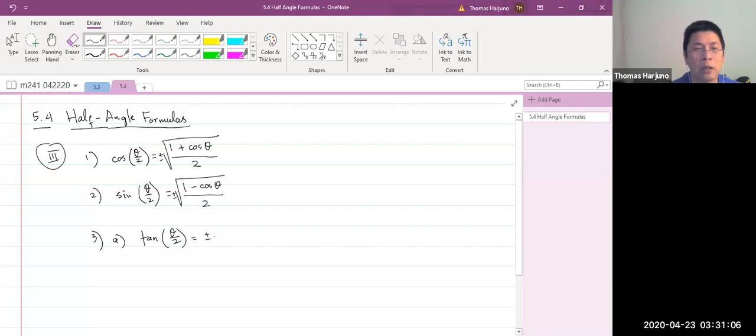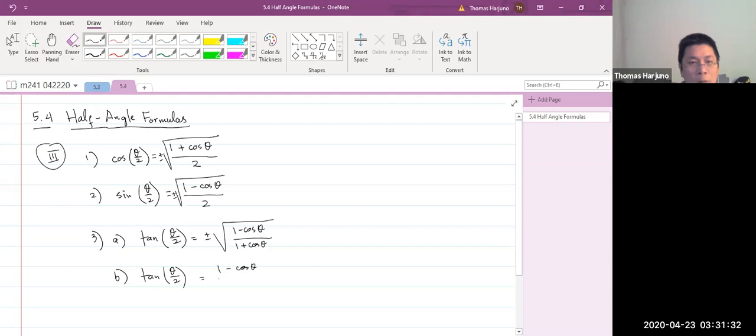That's plus minus square root of 1 minus cosine theta over 1 plus cosine theta. The second variation for tangent of half angle is 1 minus cosine theta over sine theta.